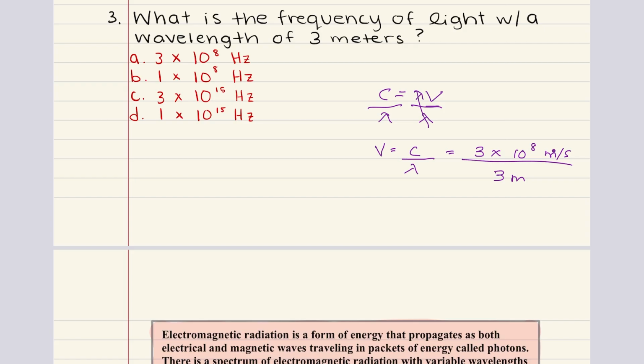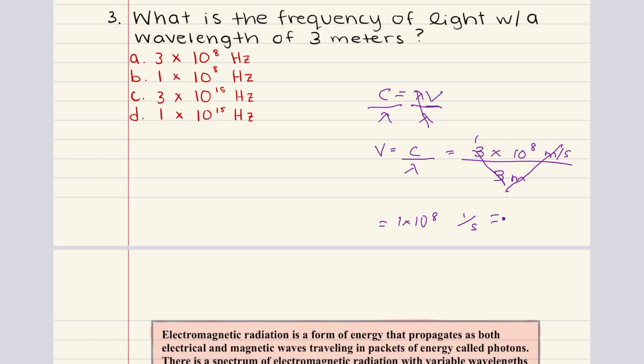Here for our units, meters are going to cancel out. So our final answer is going to have units of 1 over seconds. This is good. This is equal to hertz, which is the units for frequency. And then we're going to carry out this calculation. Now, this is a really easy calculation to do because the 3 in the numerator cancels out with the 3 in the denominator. And now we're just left with 1 times 10 to the 8.